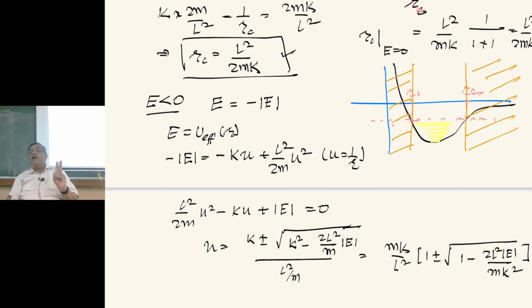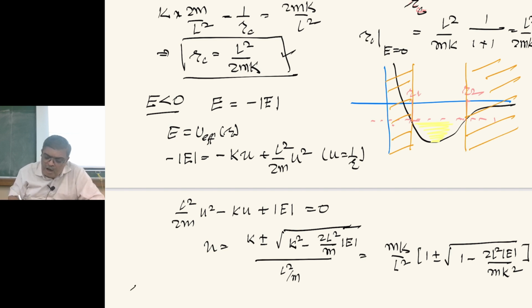Now two roots are possible because there is a minus sign in the square root. If I take the plus sign, I certainly am going to get a positive value. If I take the negative sign, I'm also going to get a positive value, because the quantity in the square root is going to be less than 1. Is that right? So therefore I'm going to get two roots, and the two roots are the reciprocals of this.